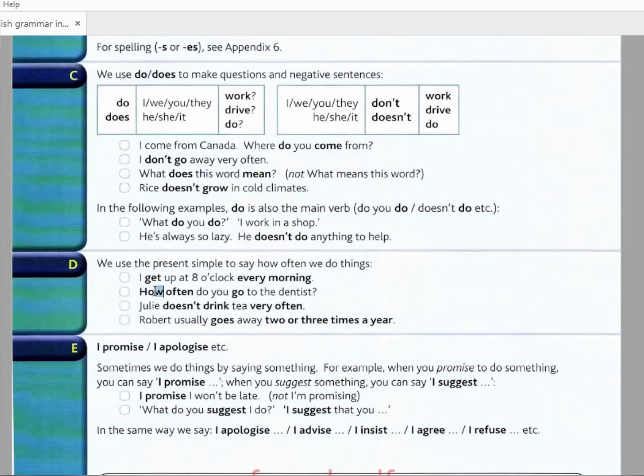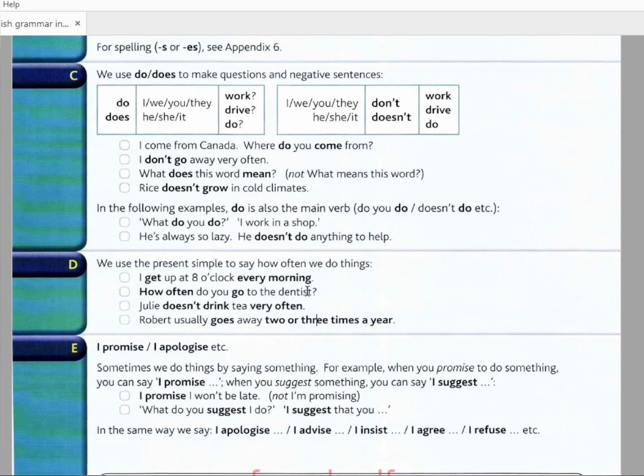How often is one of the WH questions. How often do you go to the dentist? This is one of the things that we do in life. Julie doesn't drink tea very often.